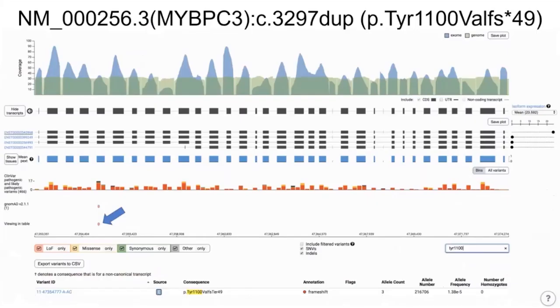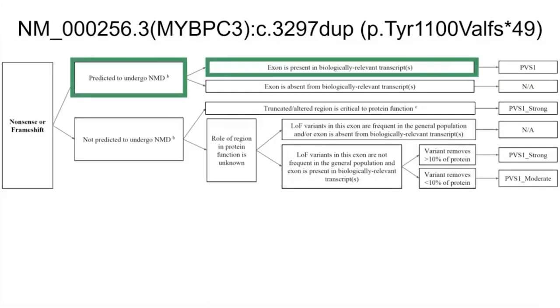Our variant is present here where the arrow is pointing, and if I follow this variant up, I can look at which transcripts it's in, and I can see it is present in the canonical transcript, this top transcript, which also has the highest expression levels. So in this case, I could conclude that my variant is in an exon that is present in the biologically relevant transcript, and now feel confident applying PVS1 at the highest strength.